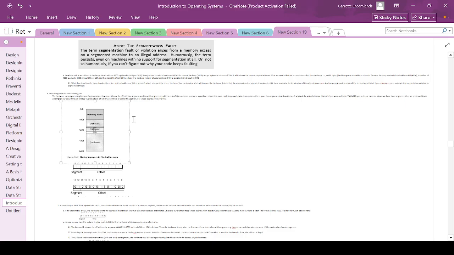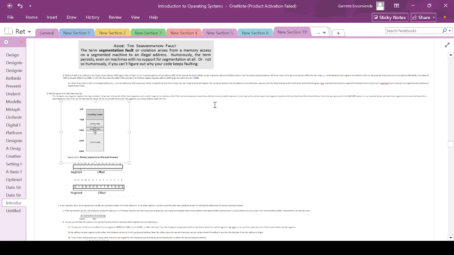So the hardware uses segment registers during translation. How does it know the offset into a segment and to which segment an address refers?